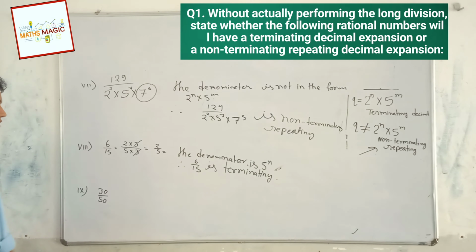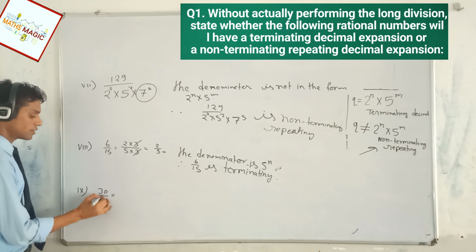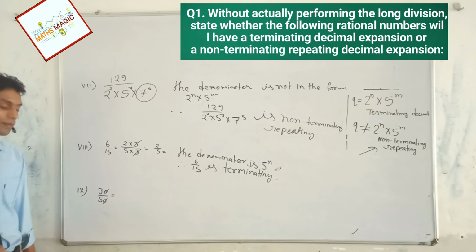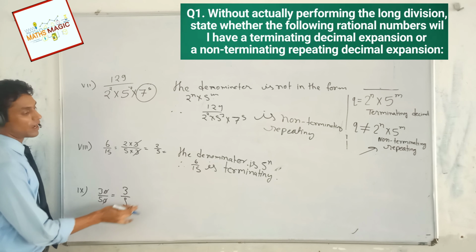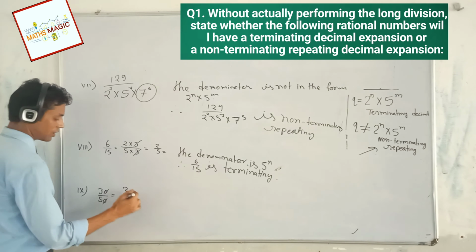Right? Here is also 30 by 50. So the 0 cancels. Now what do we get? 3 by 5. Again the denominator is 5. Again we say this is terminating.